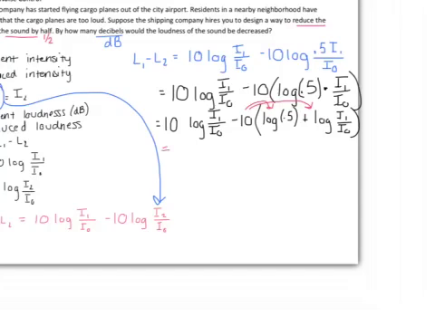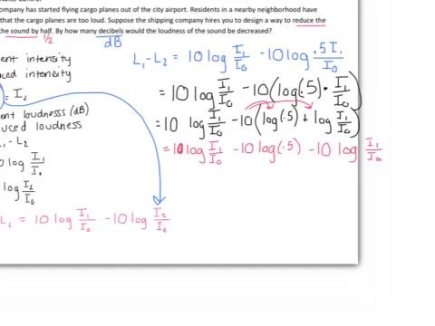Okay, so this equals 10 log I1 over I naught. Distribute the 10, so minus 10 log of 0.5 minus 10 log of I1 over I naught.